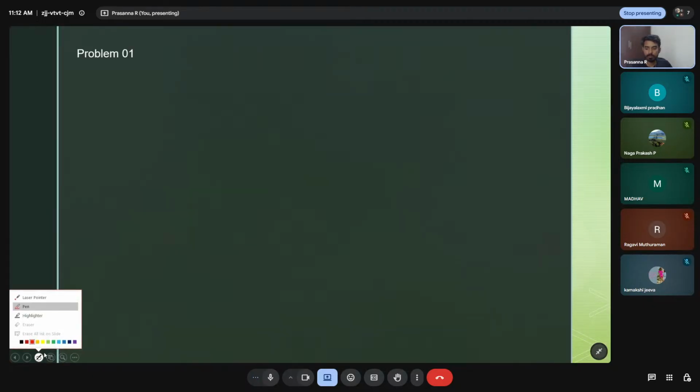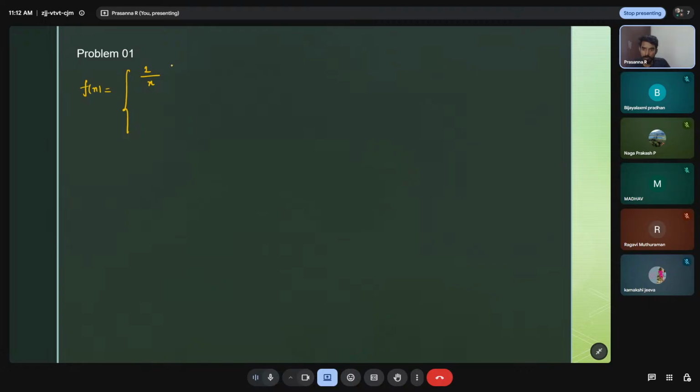Problem 1. f of x is equal to (2/x)[sin((k1+1)x) + sin((k2-1)x)] if x is less than 0, it is 4 when x is 0, and it is (2/x) log((2+k1x)/(2+k2x)) when x is greater than 0.